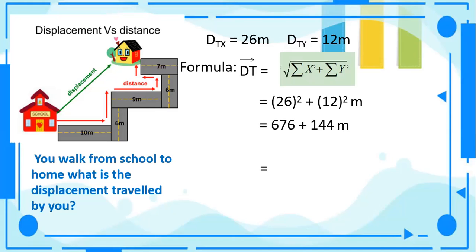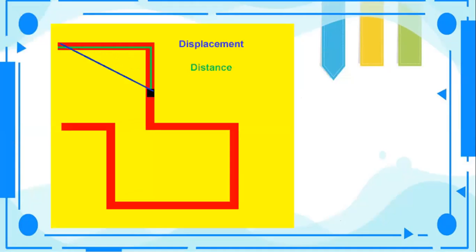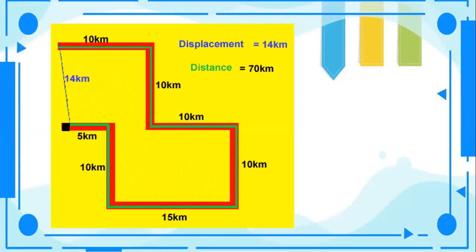So we have 26 times 26, that is equal to 676, and 12 times 12, that is equal to 144. Then we have 676 plus 144 meters, and that is equal to 820 meters. Then get the square root of 820 meters, that is equal to 28.64 meters.